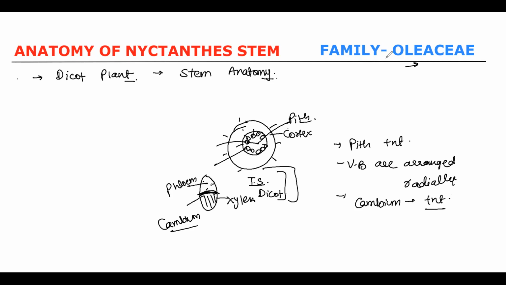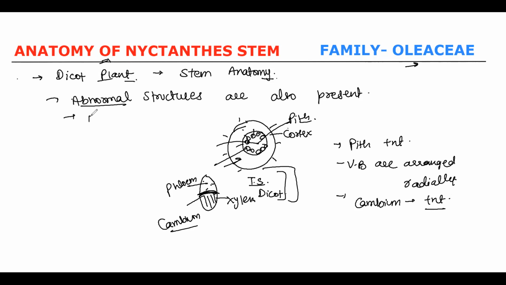So Nyctanthes obviously is a dicot plant, so it should also have these kinds of structures. But along with these, some other abnormal structures are also present. That's why we are doing a case study of Nyctanthes, because it has abnormal structures, which are also called anomalous structures.